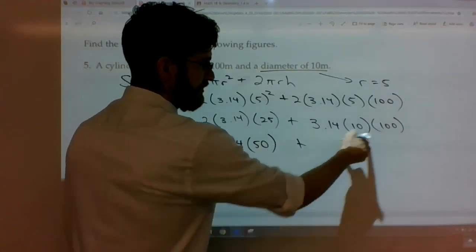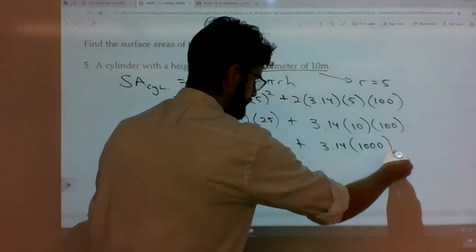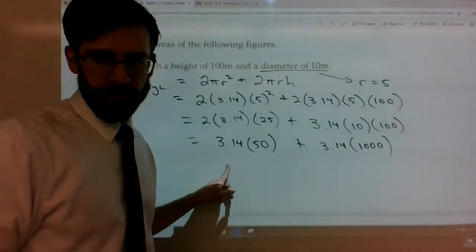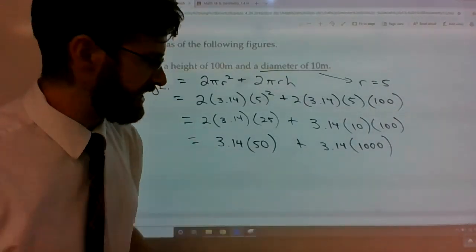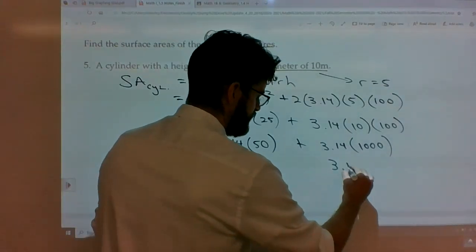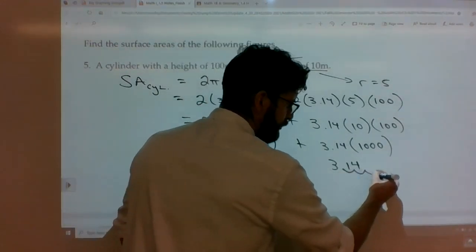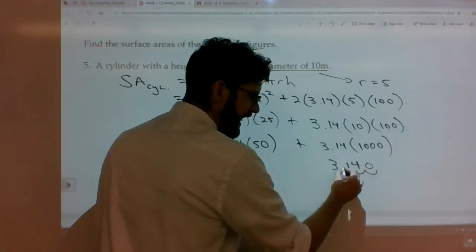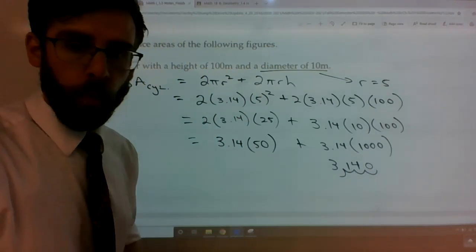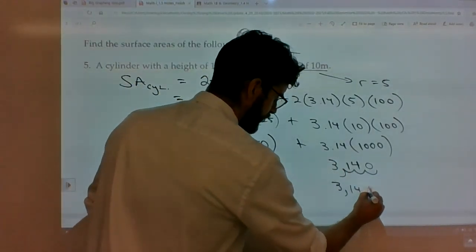So I've got 1,000 times 3.14 and 50 times 3.14. Much like 100, I can just start moving decimal places. So 3.14 times 1,000 is 1, 2, 3 powers of 10, which gives me 3,140 for this right here, 3,140.